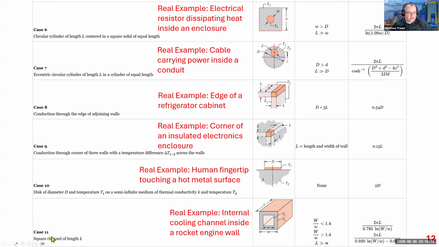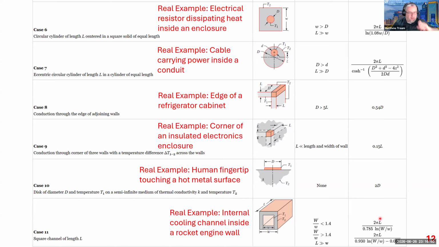Okay, and then there is a square channel of length L. We have a channel that has an internal temperature and an external temperature. It's basically like an annulus, except in a square shape. And so that's like an internal cooling channel inside a rocket engine wall, right?